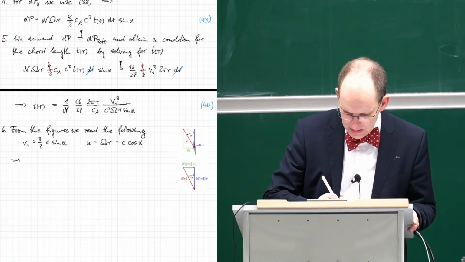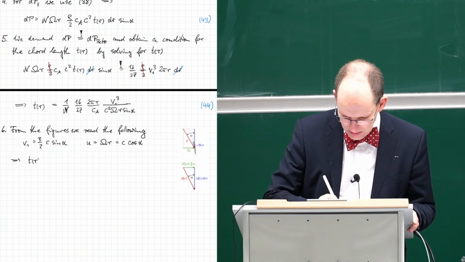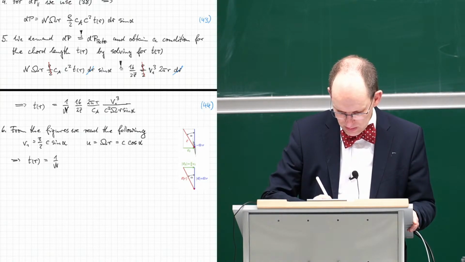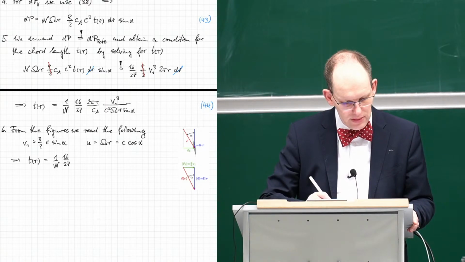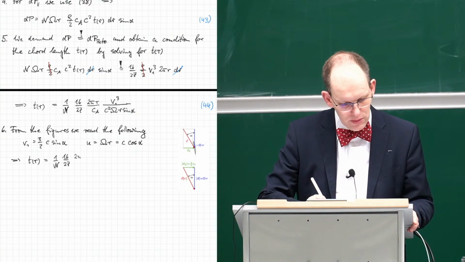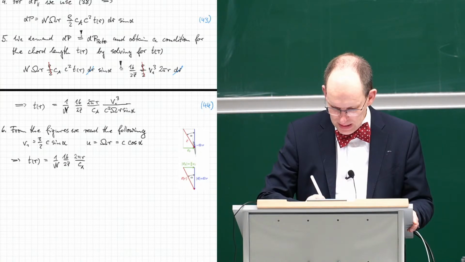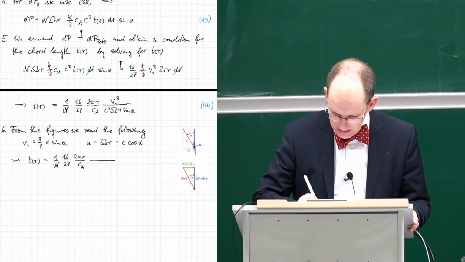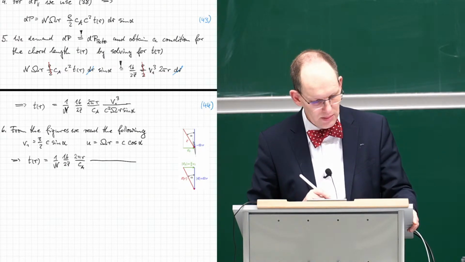And now if we substitute this into the equation above, then we get, of course, still 1 over n, 16 over 27 also stays, and then we have 2 pi r divided by Ca also stays, but for V1 cube we substitute the above equation.